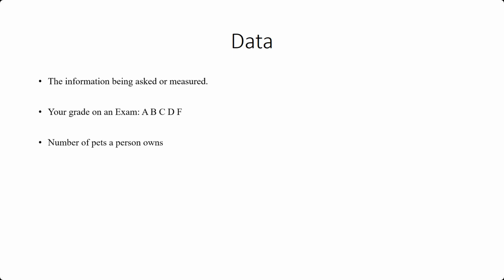Or the kind of pet a person owns. Person's age. So when you're getting your sample, data is the information you're getting from each person or thing in that sample.